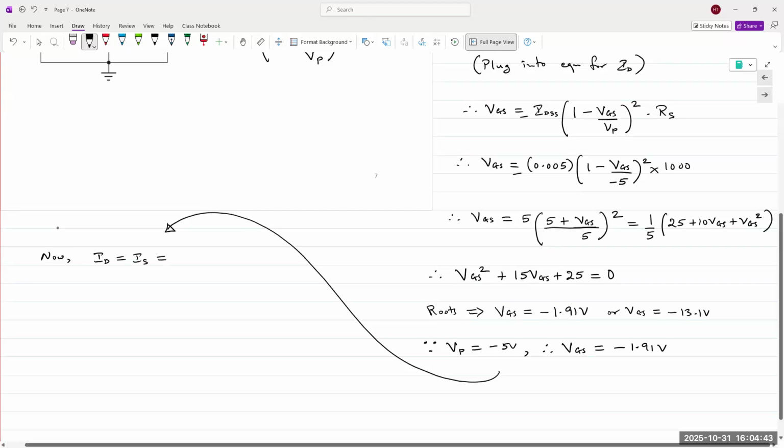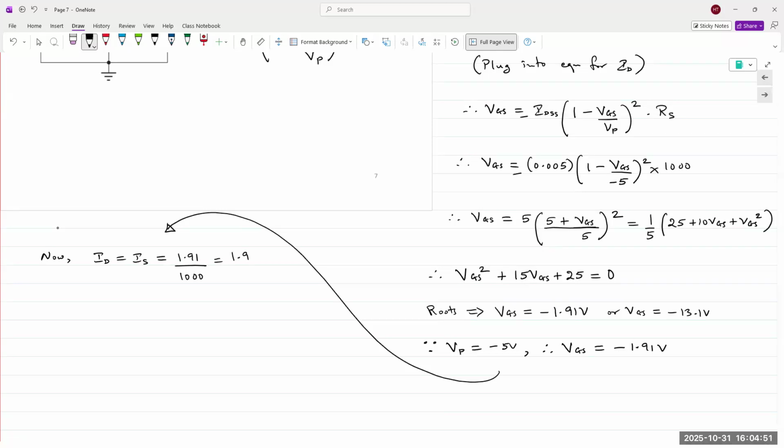Drain current is the same as the source current, which is VGS over RS. So 1.91 milliamps.